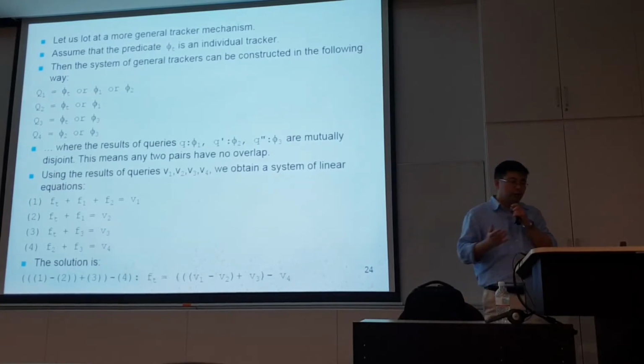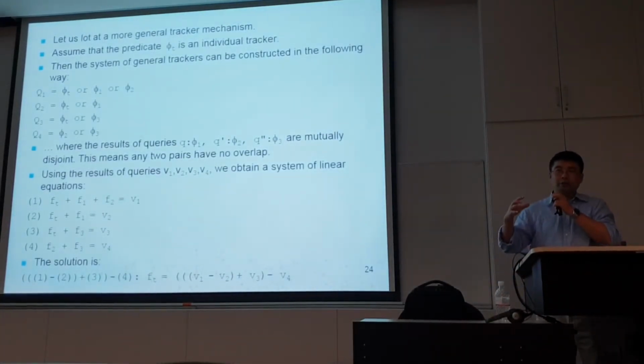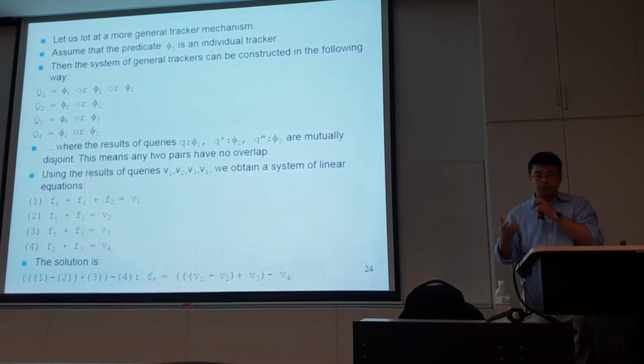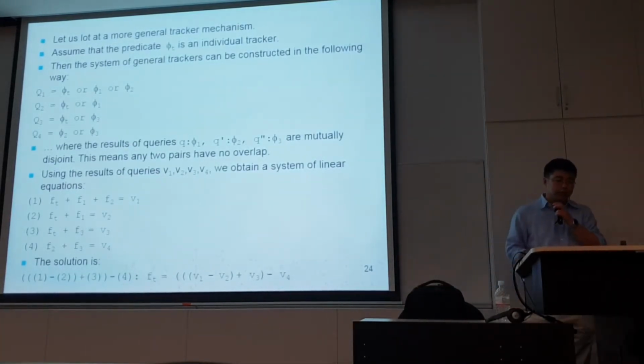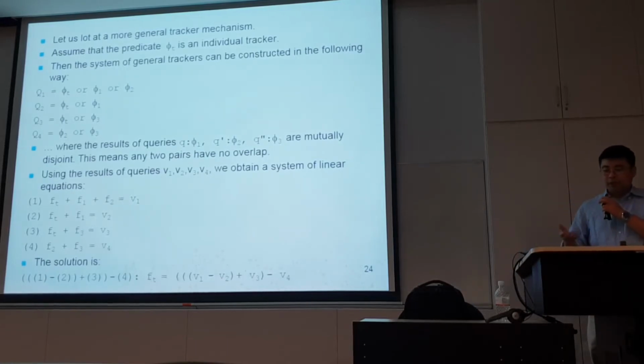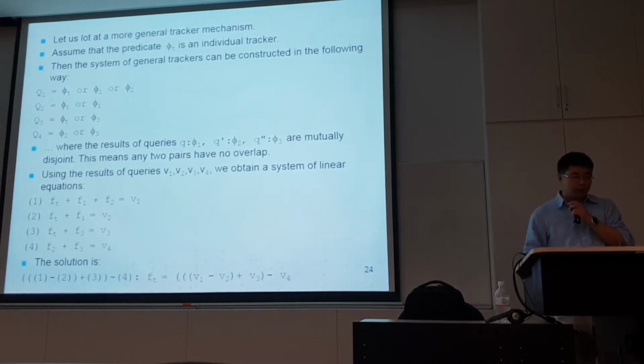So in this case, you need to either reduce or enlarge the return set by adding some extra condition. You add some extra condition to enlarge or reduce the size of the return set, right? Then basically by constructing several related queries, you can find a solution for the individual factor, right?